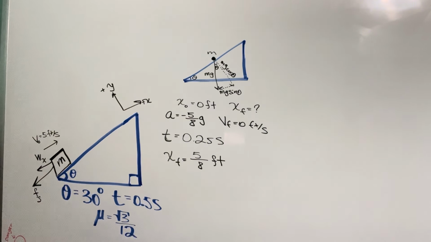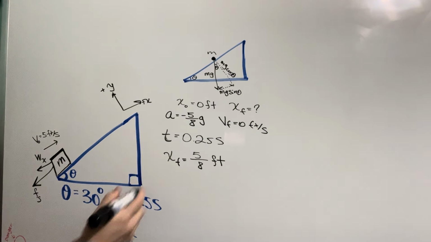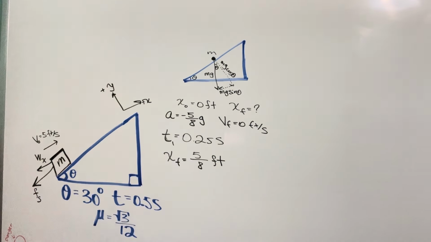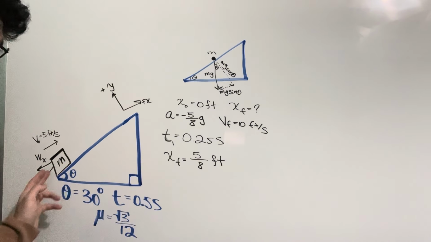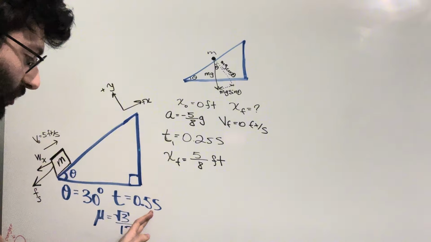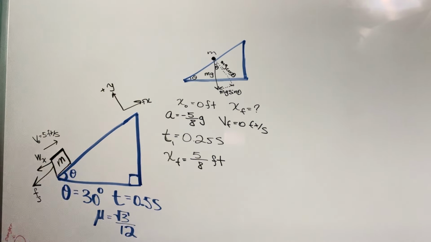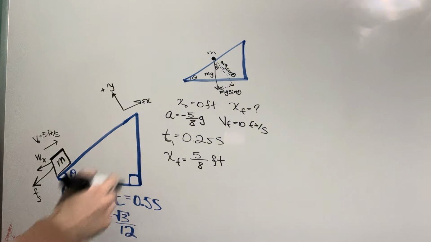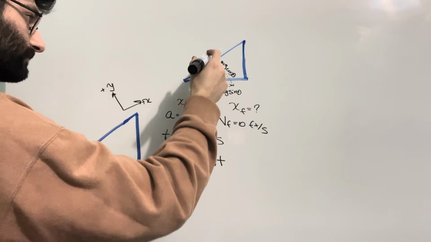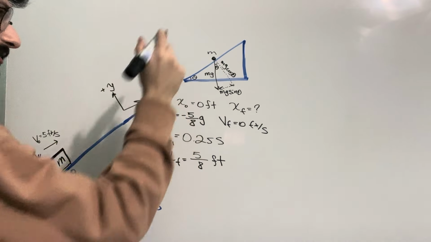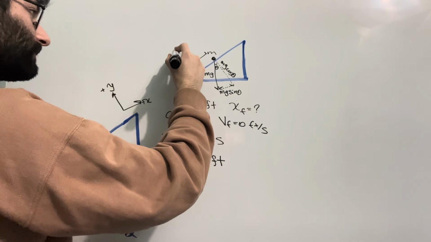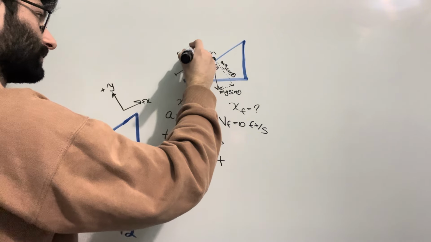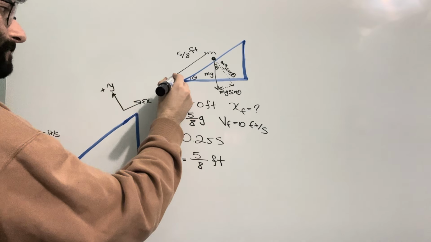I'll call this T1, as we want to know the position relative to our origin at t equals 0.5 seconds. At t equals 1/4 of a second, the block reached a position of 5/8 of a foot relative to our origin.